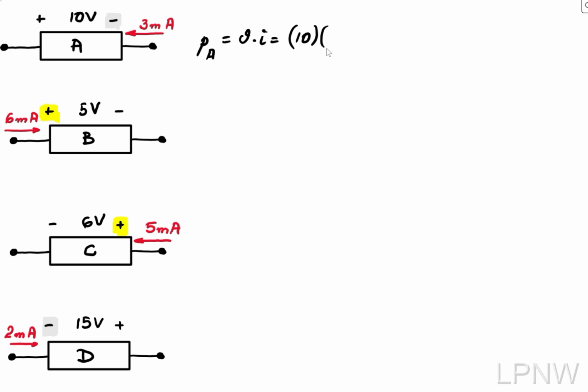The power for element A is voltage times current, taking the voltage as 10 volts, and the current, because it enters the element at the negative terminal, is going to be negative 3 times 10 to negative 3 amps. This gives us a power of negative 3 times 10 to negative 2 watt.